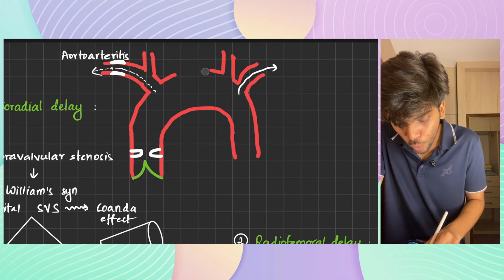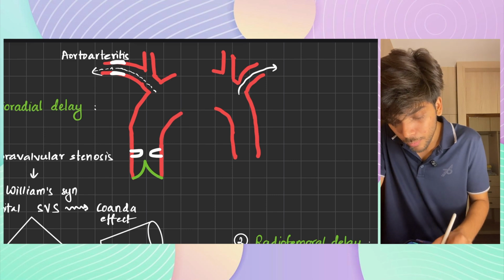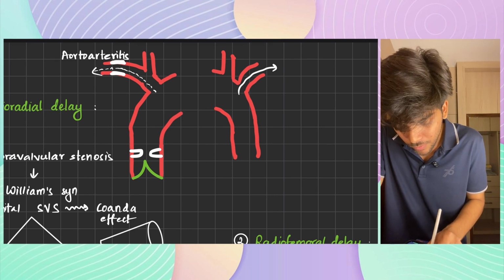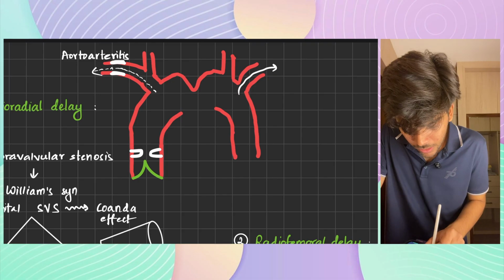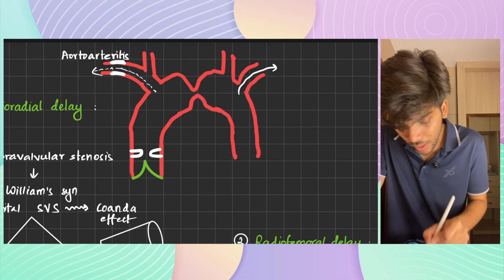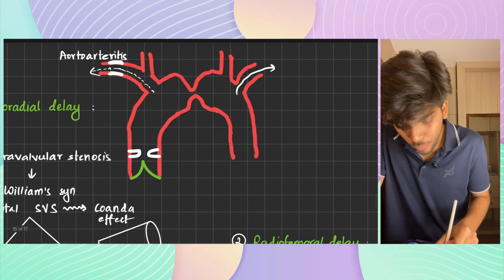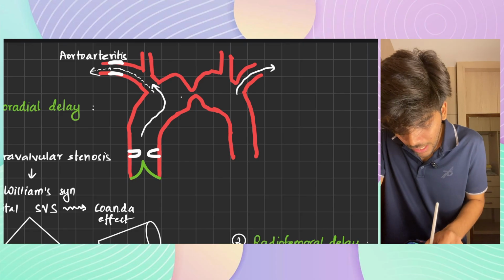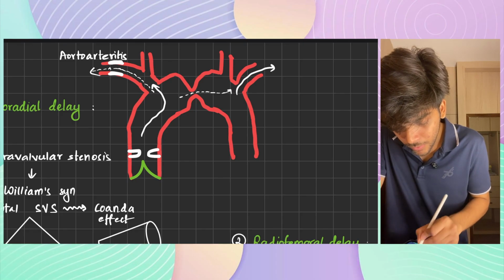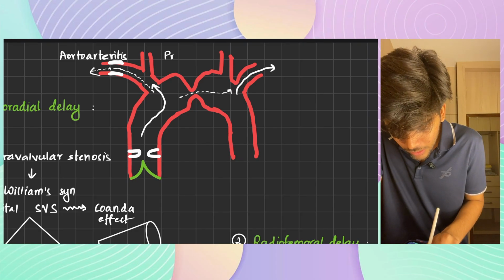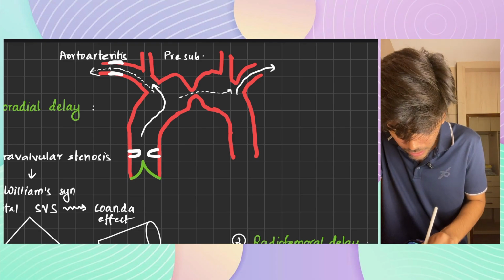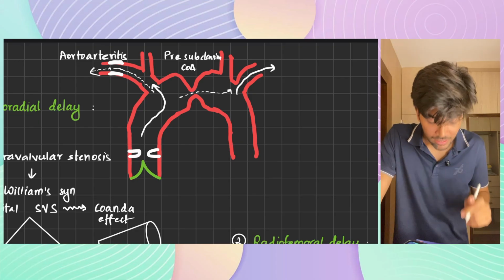Third is coarctation of aorta, but pre-subclavian, before the subclavian artery. If there is pre-subclavian coarctation of aorta, more blood will go from here and less blood will go from here. So this is pre-subclavian coarctation of aorta.